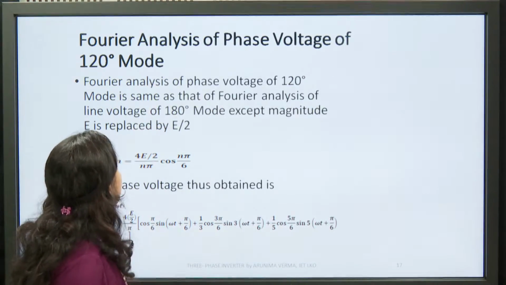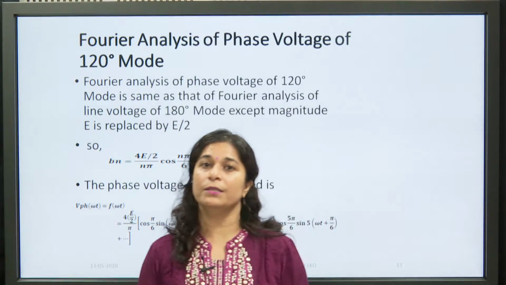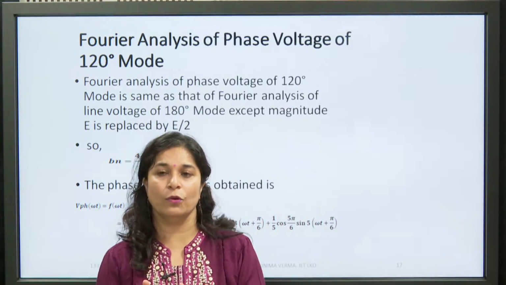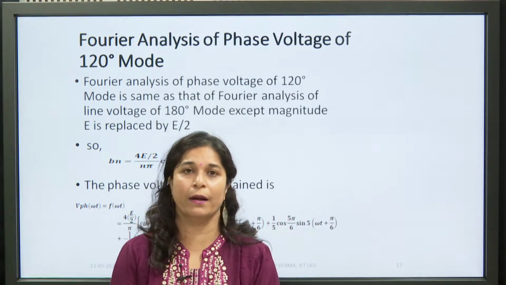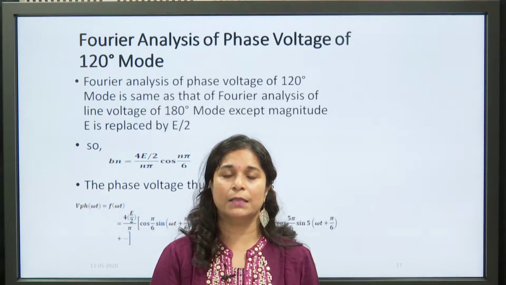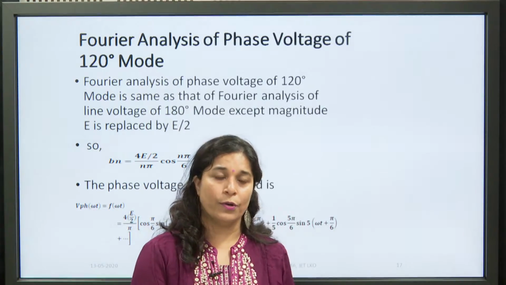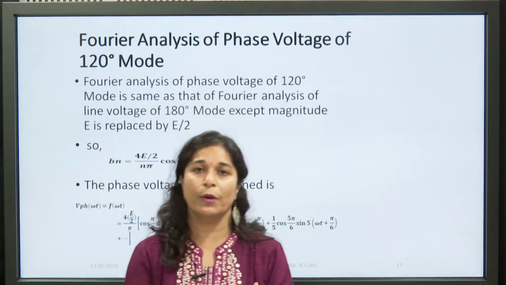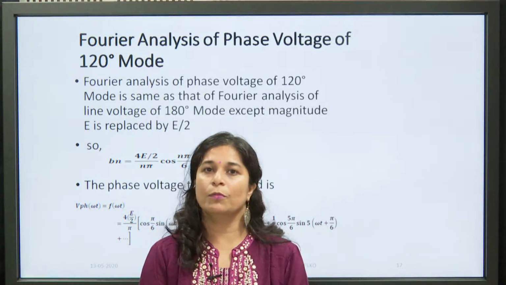The same applies to the Fourier analysis of phase voltage, because the nature of line voltage in 180° mode and phase voltage in 120° mode are almost similar, as we have already seen in lecture 1, where I told you how the waveforms are obtained and how they are similar and dissimilar in both modes of operation.